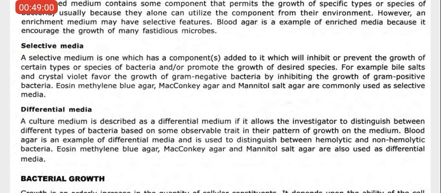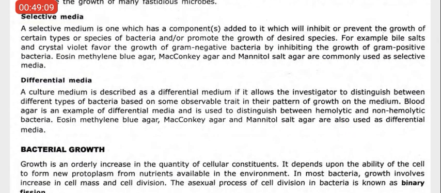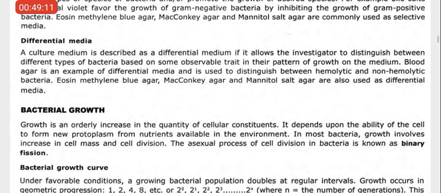Blood agar is an example of differential media and is used to distinguish between hemolytic and non-hemolytic bacteria. Eosin methylene blue agar, MacConkey agar, and mannitol salt agar are also used as differential media.